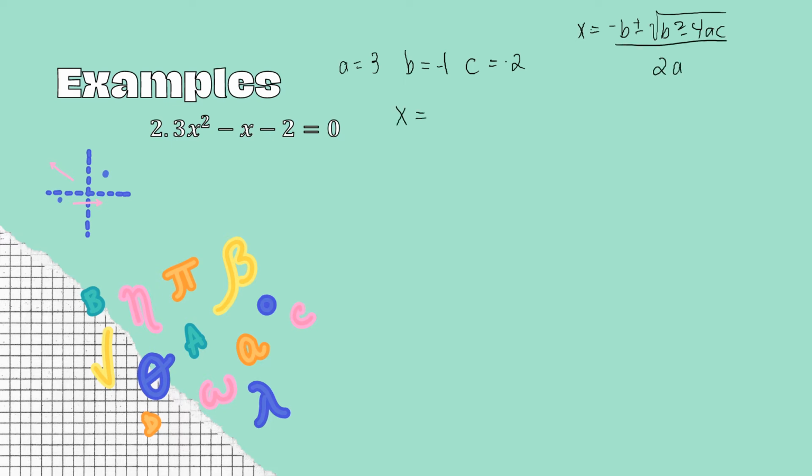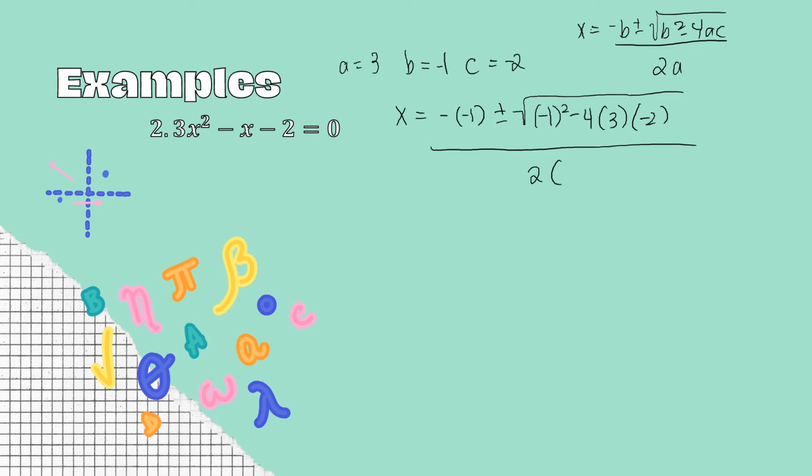So x is equal to negative 1 plus minus square root of negative 1 squared minus 4. A is 3. This is negative 2, all over 2 times 3. So we have negative 1 times negative is 1 plus minus square root of 1 squared is 1.